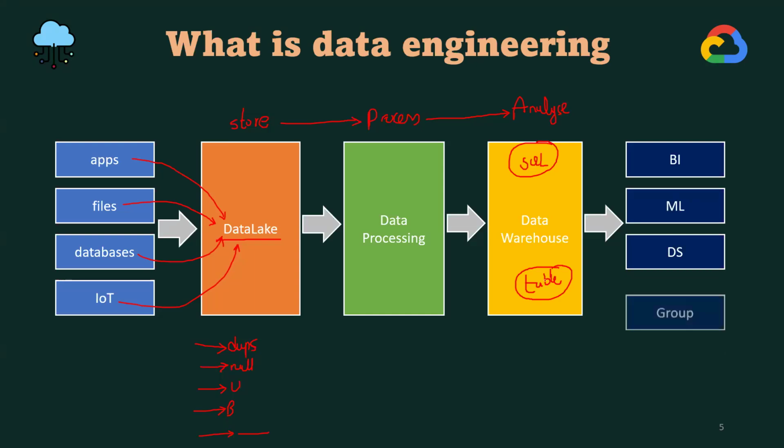Or this data may be used by the business groups for decision making purposes. So this is where you analyze the data in the data warehouse. Those reports are sent to BI for reporting and dashboarding, or ML model creation, or data scientists for finding future trends, or a business group for taking a decision on top of this data.